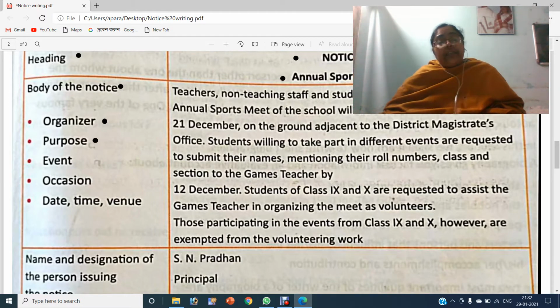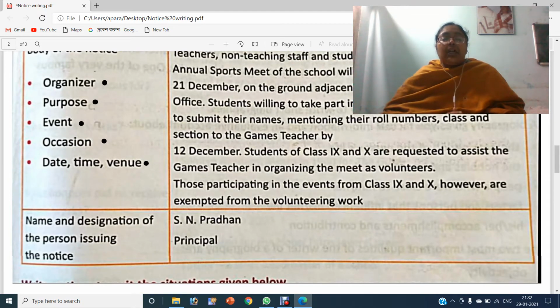The next is the event: what is the event which is going to happen? Next comes the occasion, on which occasion such an event is going to happen. And then we have to mention the date, time and venue of the event. So these 5 points are a must which we have to write in our notice.